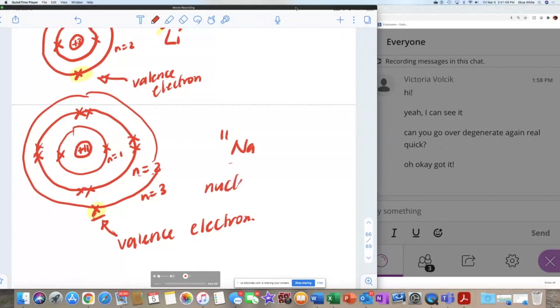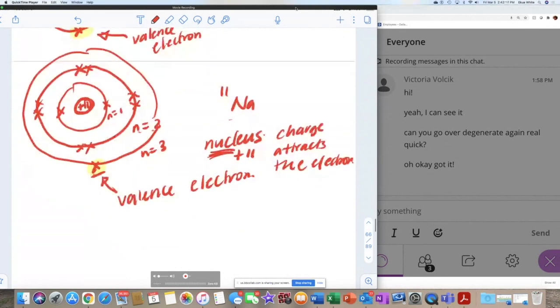The nucleus that has a charge of plus 11 attracts the electron, right? But it's really not even that simple. Remember, effective nuclear charge starts from the nuclear charge of plus 11. And then remember, the attraction the electron feels is muted by the electrons in front of it.